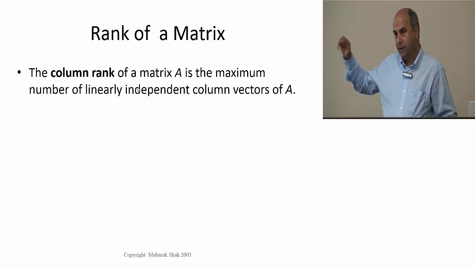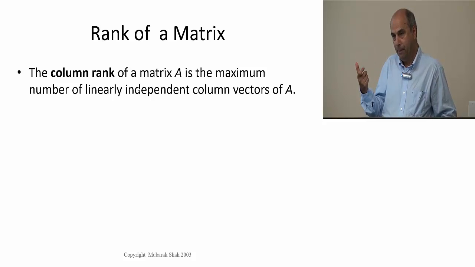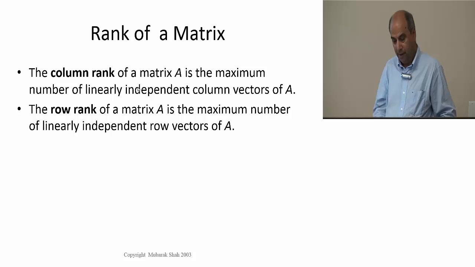If you have a matrix with many columns, some columns may be linearly dependent on other ones, but there can be very few columns which are linearly independent, where none can be written as a combination of the other ones. When it's linearly dependent, then some of them can be represented as a linear combination of the remaining ones. So that's the idea.